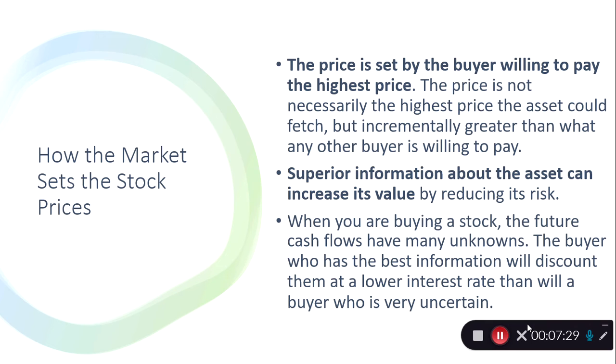When you're buying or selling a stock, the future cash flows have many unknowns. It's not only the dividend, right? It's a million other variables that can affect the stock price. The buyer who has the best information will discount them at a lower interest rate than a buyer who is very uncertain about that.